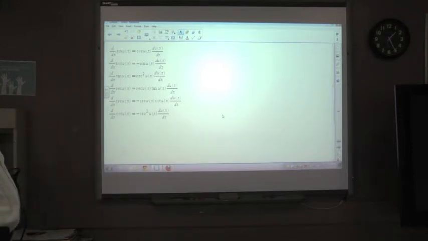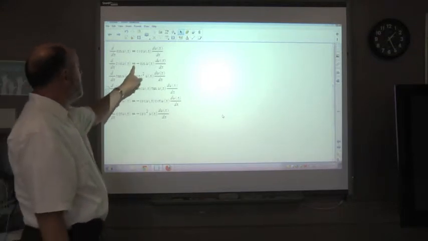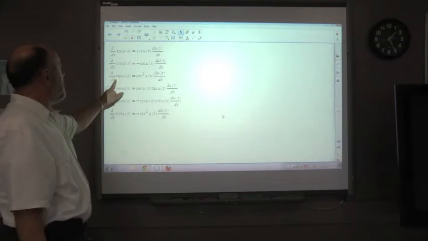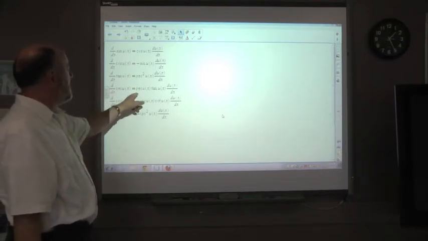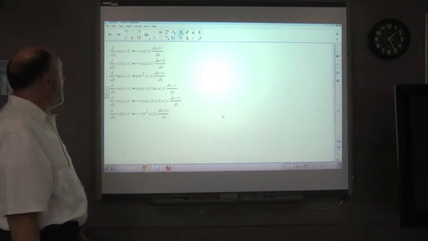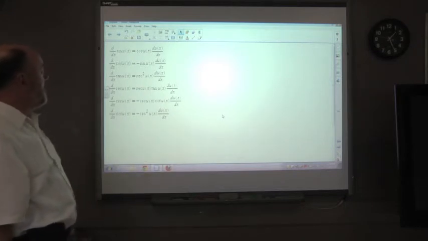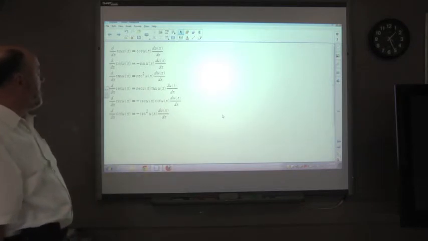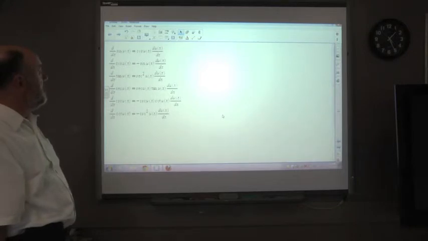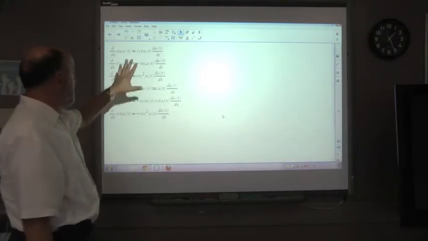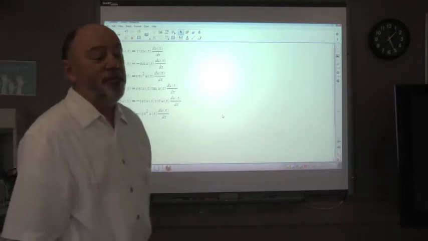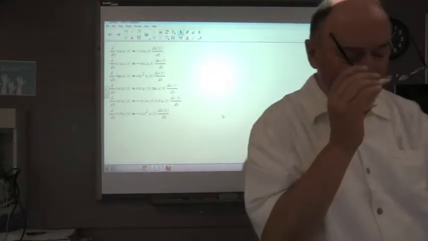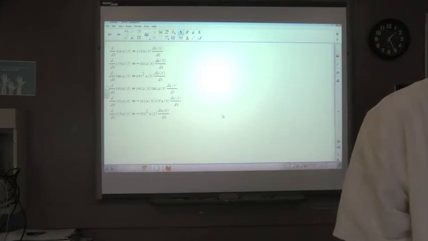Again, the derivative of sine is cosine, the derivative of cosine is negative sine, the derivative of tangent is secant squared, the derivative of secant is secant and tangent, the derivative of cosecant is negative cosecant cotangent, and the derivative of cotangent is negative cosecant squared. So basically with this in front of you, you ought to be able to come up with the derivative of the various trig functions. Right?